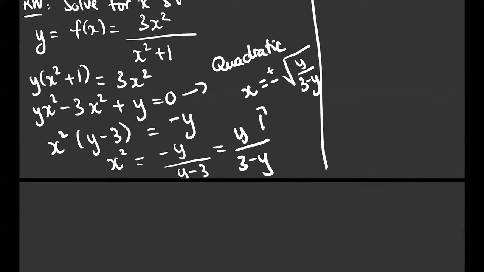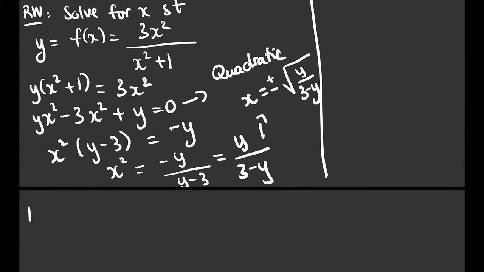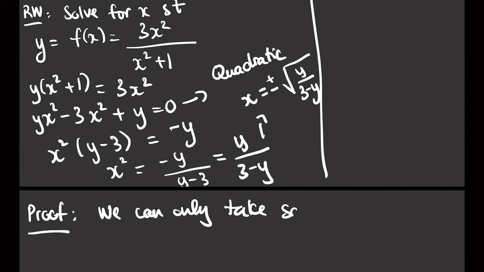Okay, so that is my rough work, and in my proof, I will say that I pick x equal to the square root of y over 3 minus y. But first, I have to explain why I can take the square root of this. Because remember, we can only take the square root of a number greater than or equal to 0. So inside the square root, it has to be greater than or equal to 0.